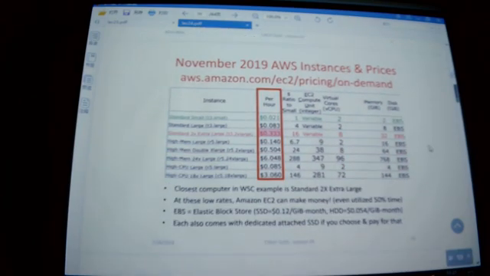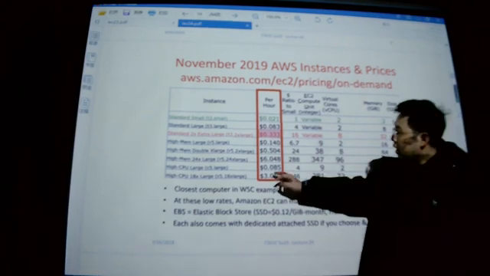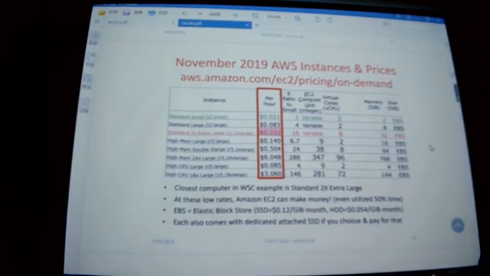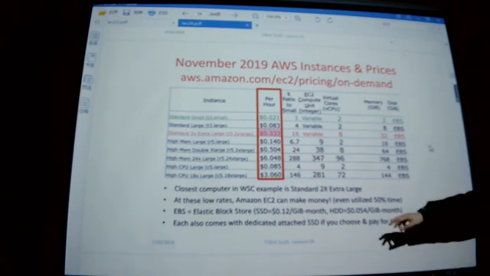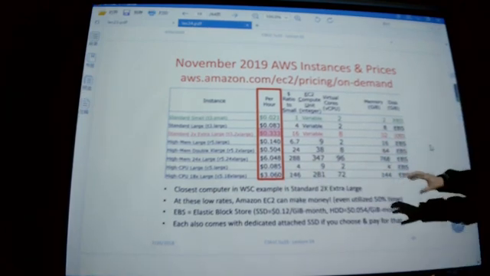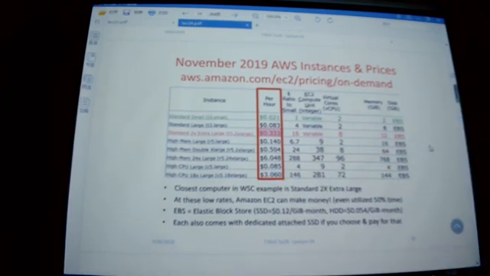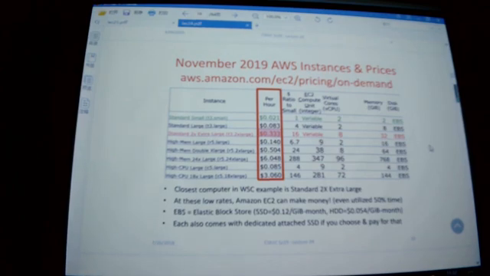Okay, in November 2019, we can see this is the price. The price becomes lower and lower. We want the cost per hour to become nearly zero. If the price becomes lower and lower, the cost to users becomes lower.